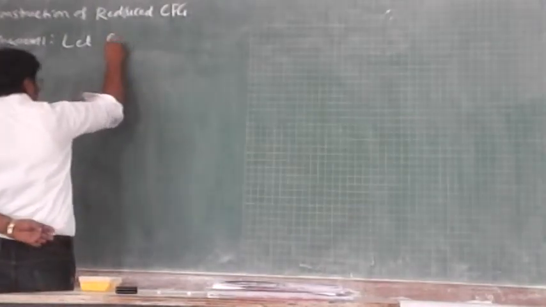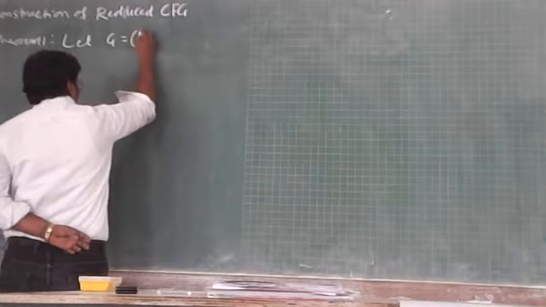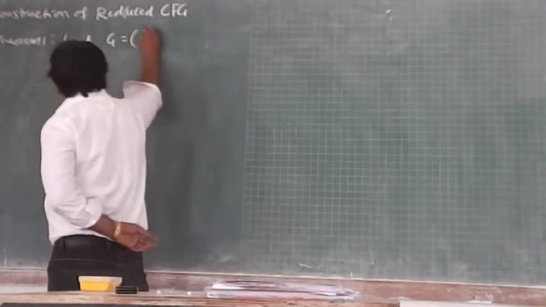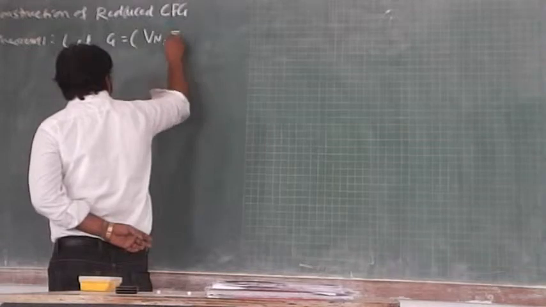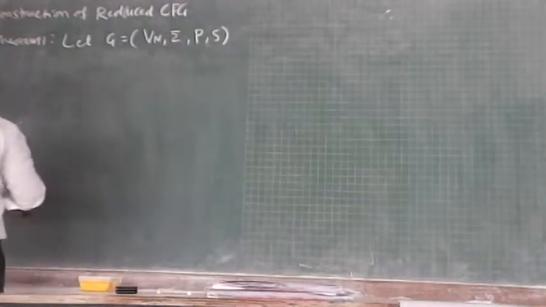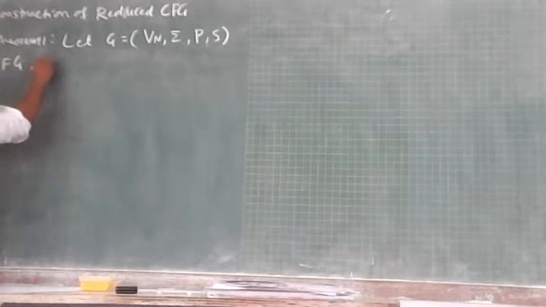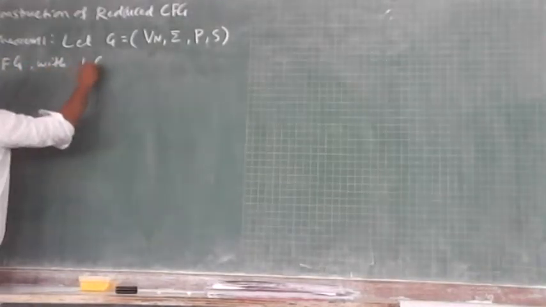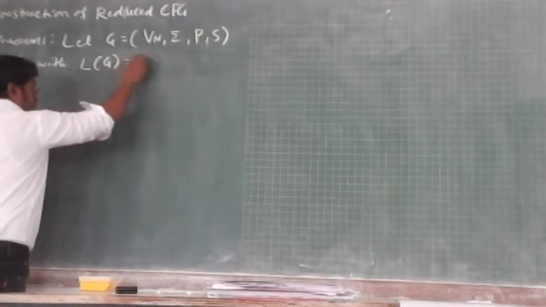Okay, please note down. Let G be a grammar, and the grammar is a four tuple: Vn, sigma, P and S. Be a context-free grammar with the language generated by this grammar not equal to phi. It means that the grammar should generate a certain set of sentences. Okay.